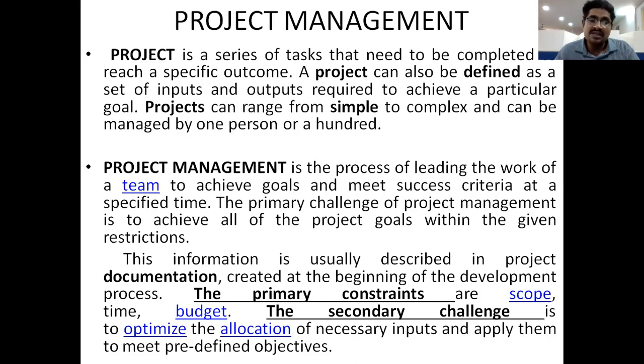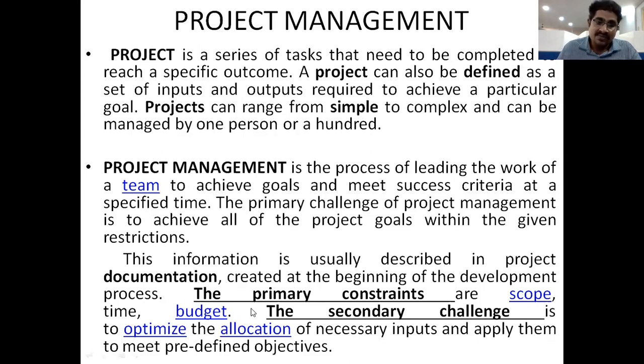The total maintenance or total functionality comes under project management. Project management is the process of leading the work of a team to achieve goals and meet success criteria at a specified time. The primary challenge of project management is to achieve all of the project's goals within given restrictions.